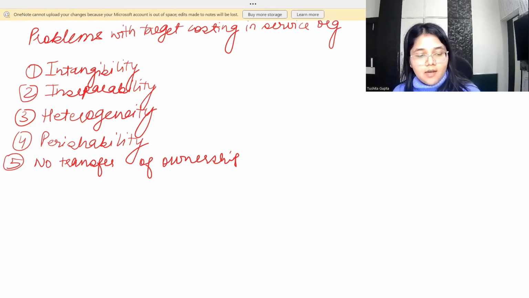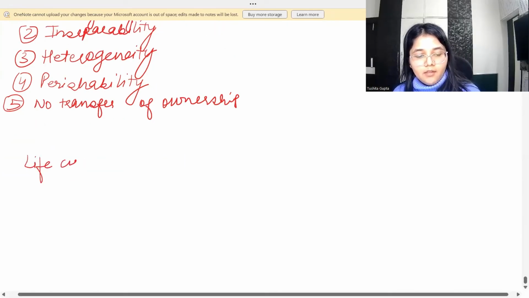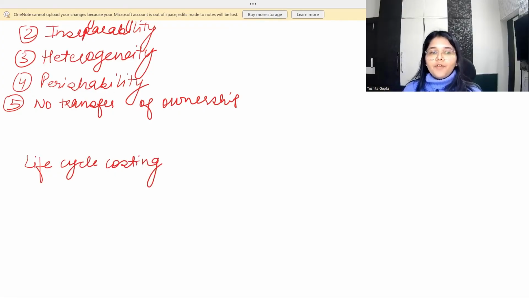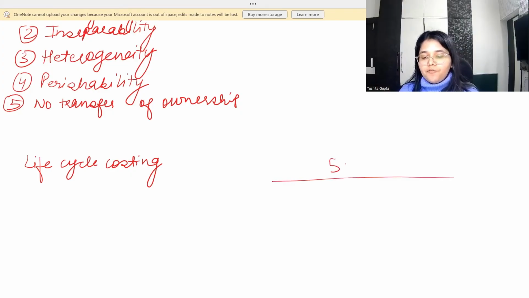Now let's start with life cycle costing. When it comes to life cycle costing, we are basically trying to find out how much money we are incurring on a product in total over its entire useful life. So maybe we are producing that product for a period of 5 years.